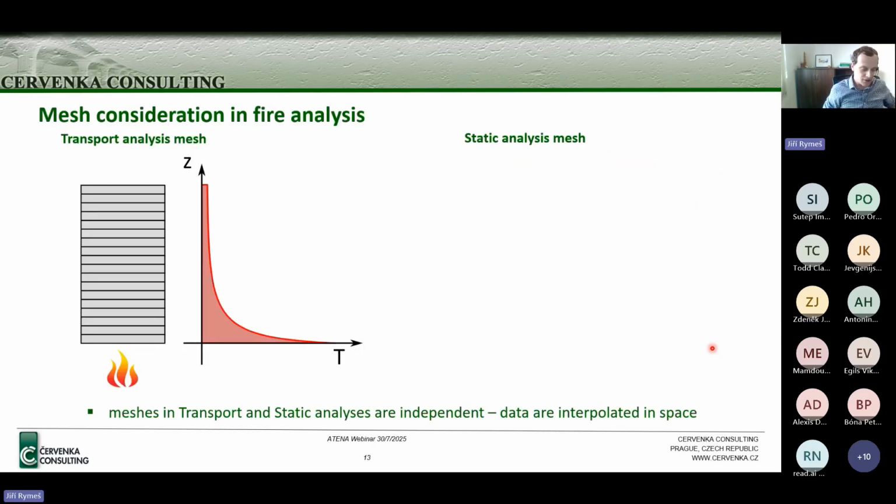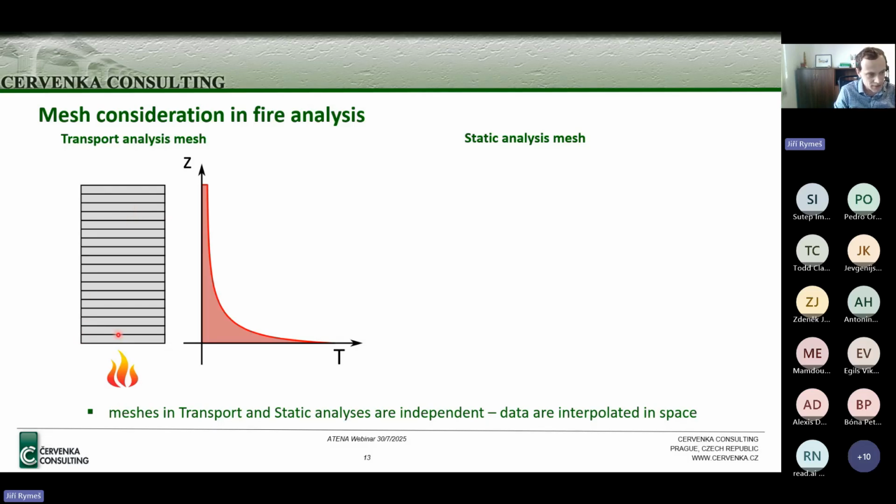Finally, this is my last slide. I have one note on mesh for fire analysis. Imagine that we are simulating this kind of beam. The fire is on the bottom surface, so we can use this kind of mesh because it will be basically one-dimensional heat transfer.